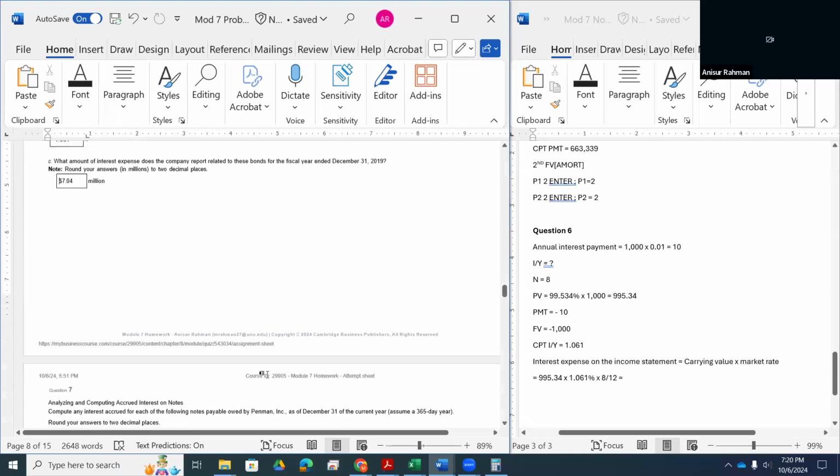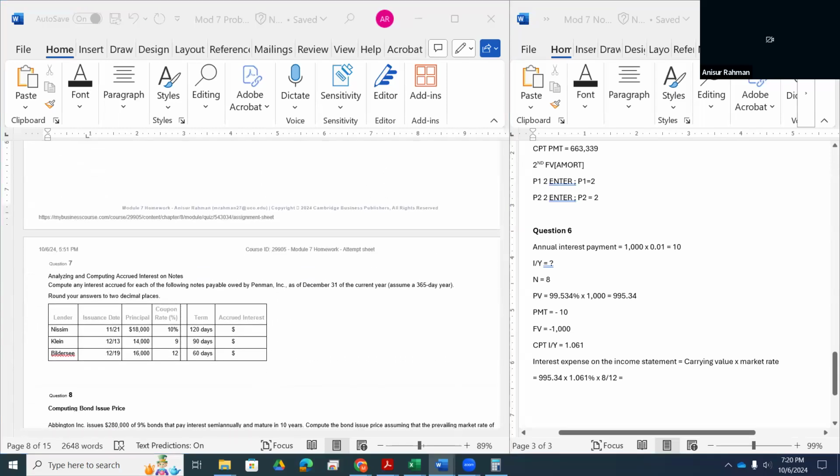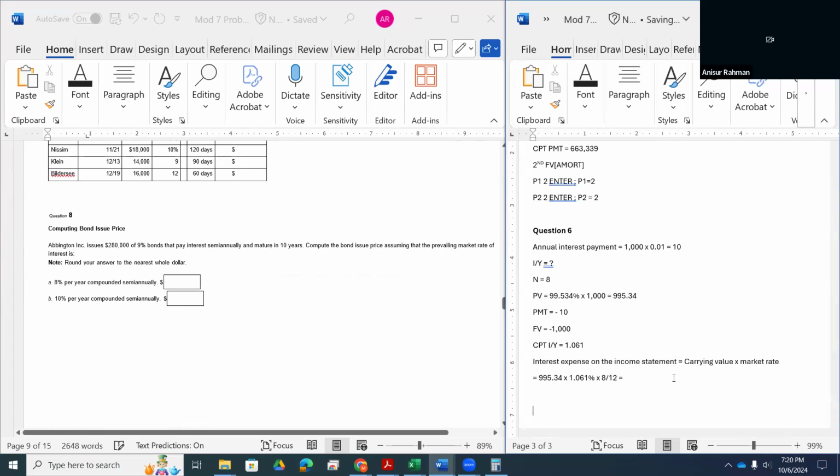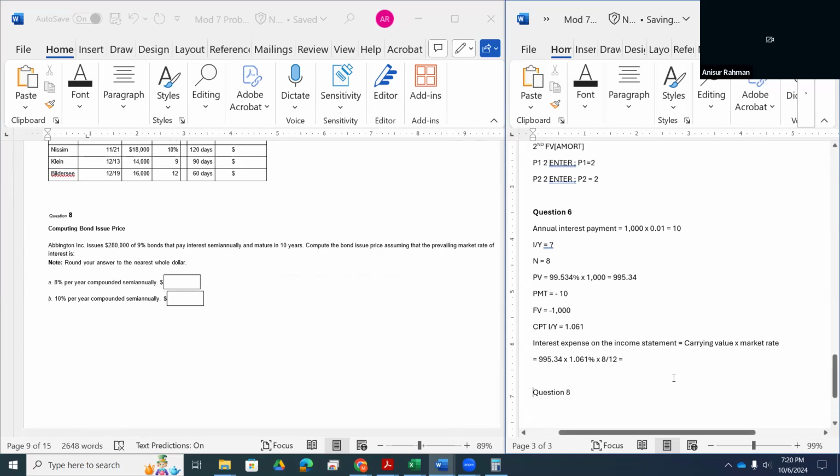Moving on to the next question, which will be question 8. So Abington Company issues $280,000, 9% bonds, pay interest semi-annually, mature in 10 years, compute the bond issue price.